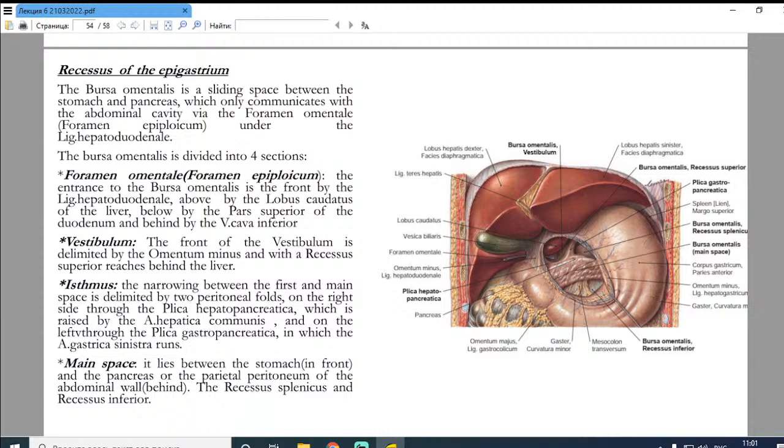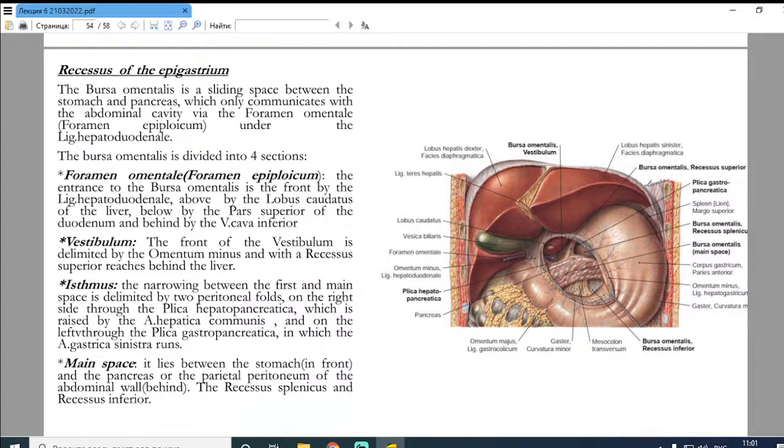This space between stomach and pancreas only communicates with the abdominal cavity via the foramen omentale, or foramen epiploicum, under the ligamentum hepatoduodenale.